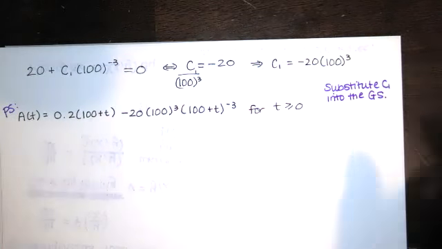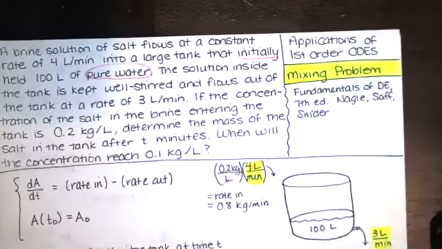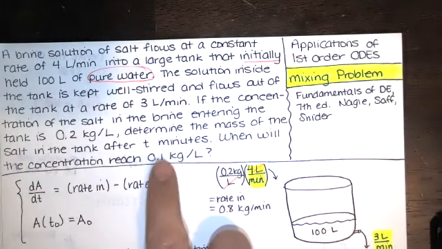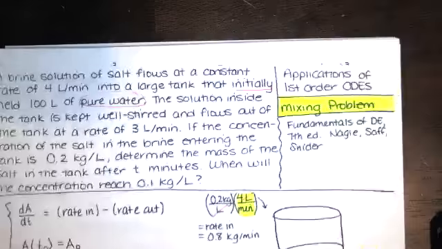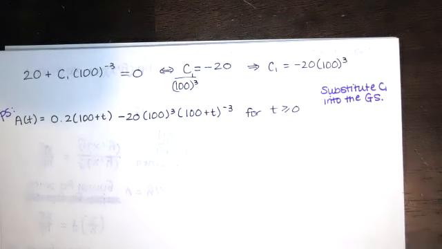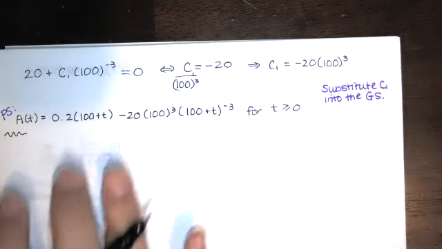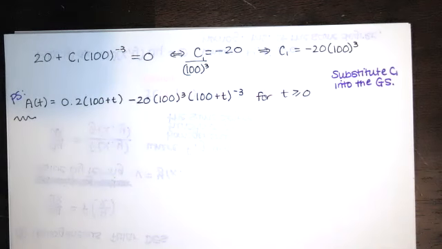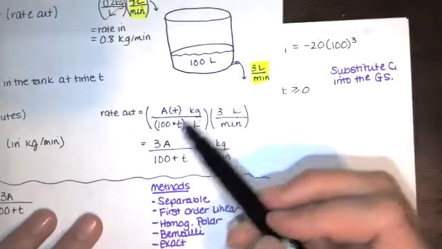Okay. Now the second part of the question says, when will the concentration reach 0.1 kilograms per liter? Now that initially seems like a tough thing to compute, but actually we've already computed the concentration. This is the definition of the concentration.